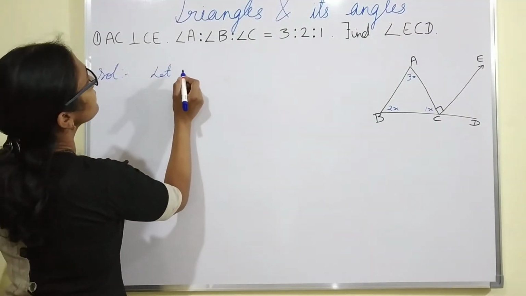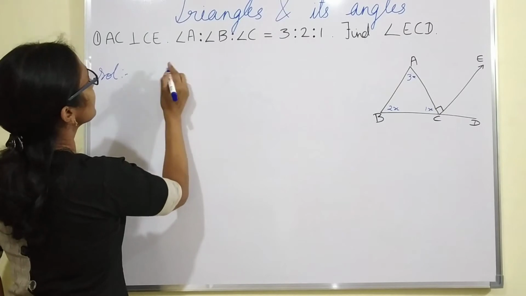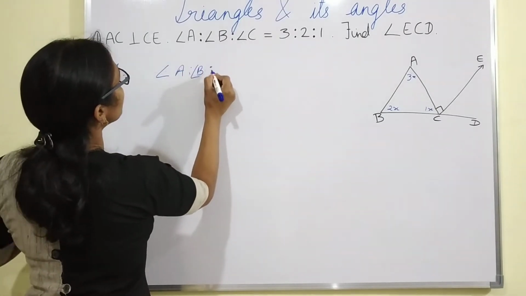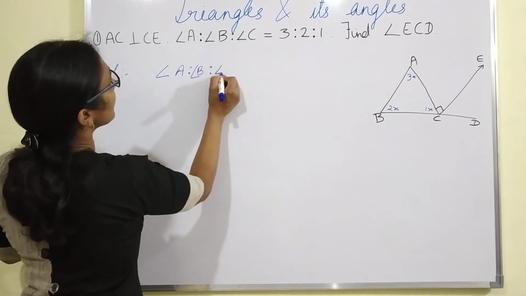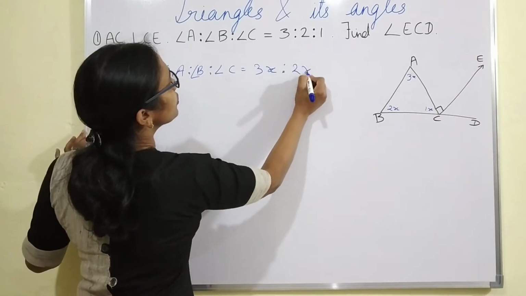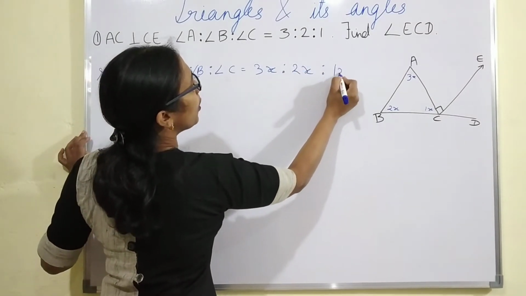Let angle A is to angle B is to angle C equal 3x is to 2x is to 1x.